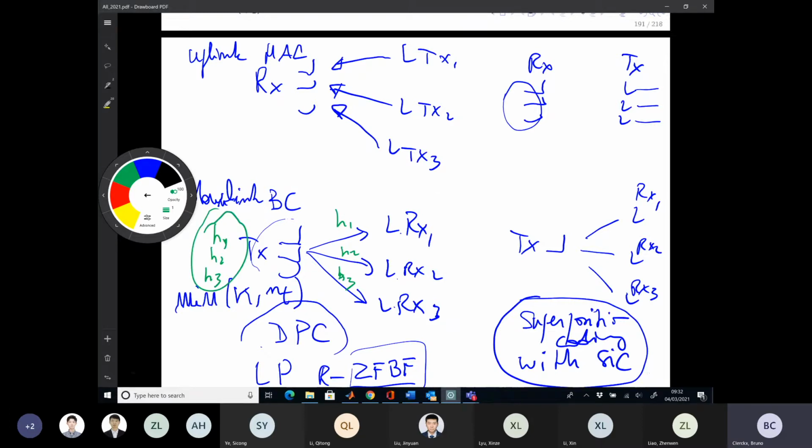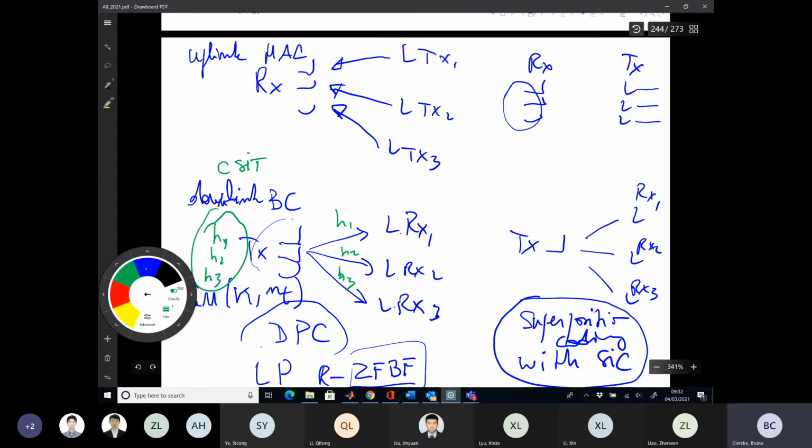This is called channel state information at the transmitter in a multi-user setting. We have seen this in the point-to-point single user setting before, but this is the multi-user setting.